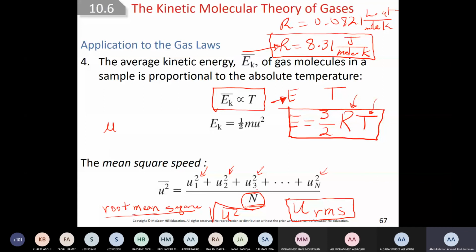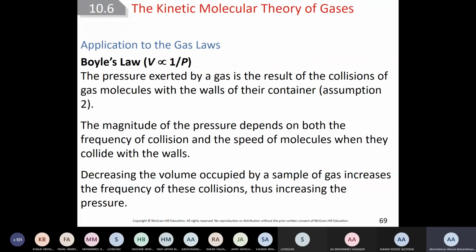Is this clear? Okay, I want you to say it. Doctor, is it like the average U squared? Average, exactly, it's the average. But it's not any average, it's the root mean square average speed. Okay, say that again. Root mean square. That's what we are going to calculate for these molecules. Good? Next.